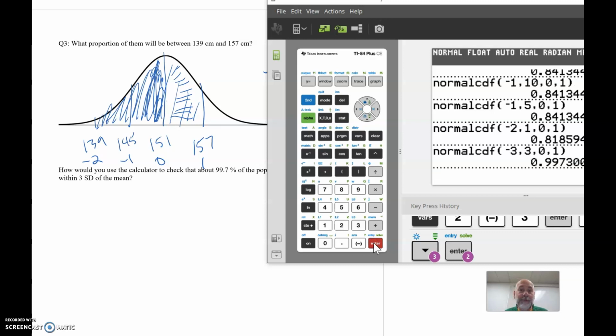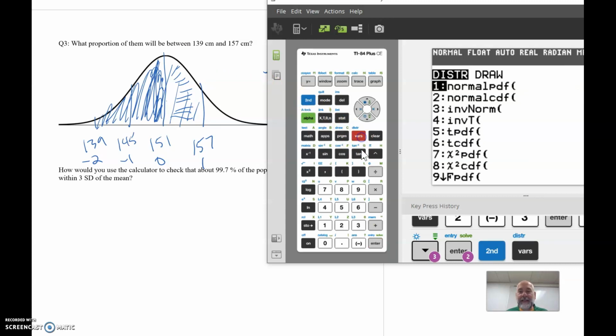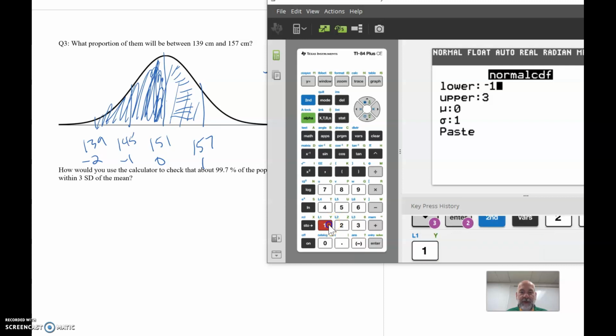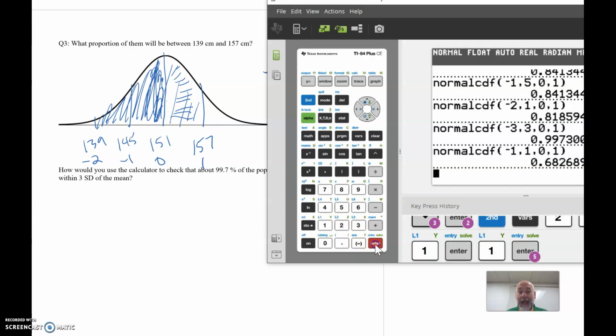Not on the nose, but pretty close. So that gets me the empirical rule. Finally, I'm running out of time, but I'm going to try to squeeze another one in. If I go -1 to 1, then boom, I get 68.2%, but 68% is fine. And the same would work with 95. I'm out of time. So thank you and enjoy.